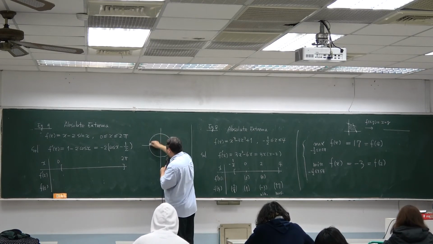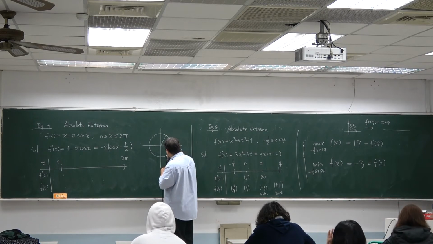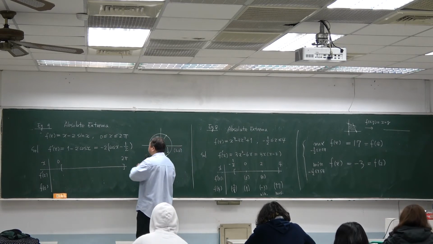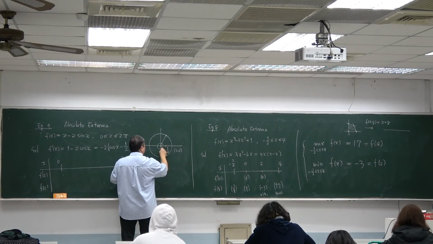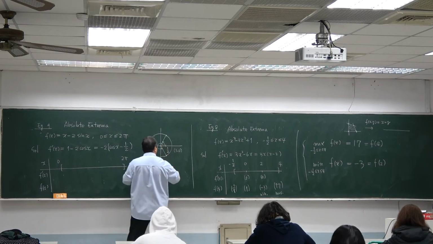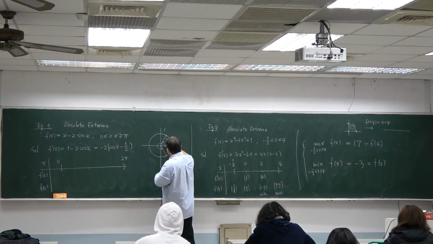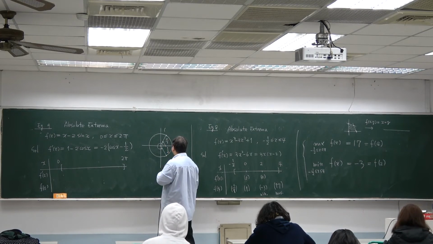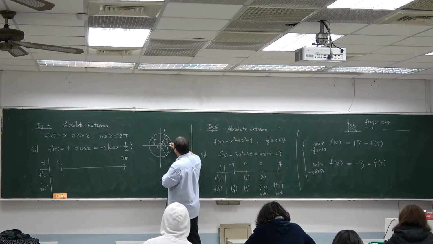If this is the unit circle, in order for cosine to equal 1/2, and x between 0 and 2 pi, this is a solution, and this is a solution. Here, pi over 3. This is 5 pi over 3. And the cosine of pi over 3 is 1/2.